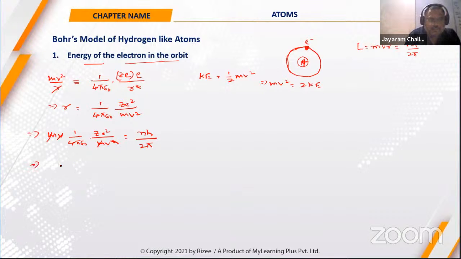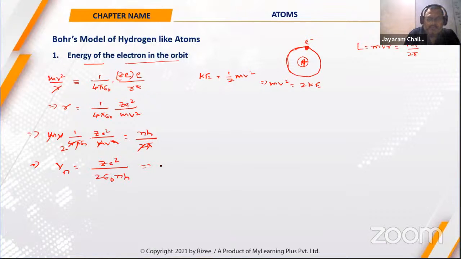So from this relation, you can get Vn equal to, here the pi terms will be cancelled, this will be equal to 2. So Vn is equal to, take the v to the other side, Ze square by 2 epsilon naught into nh.